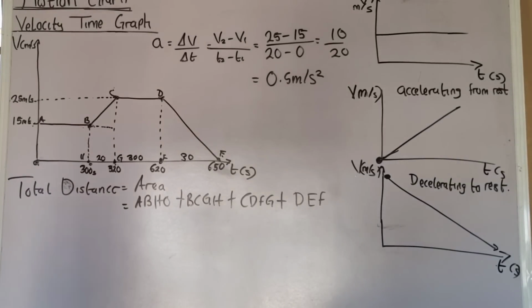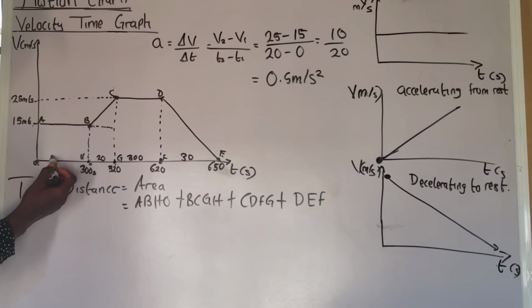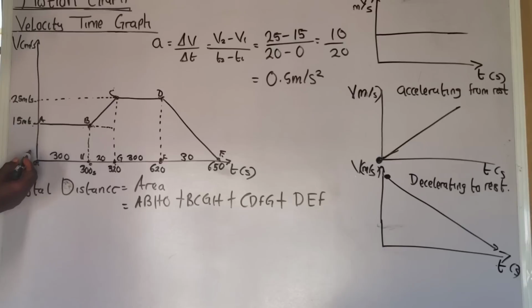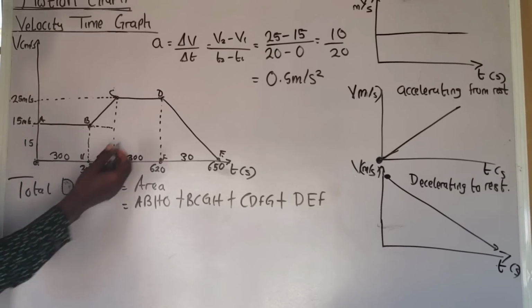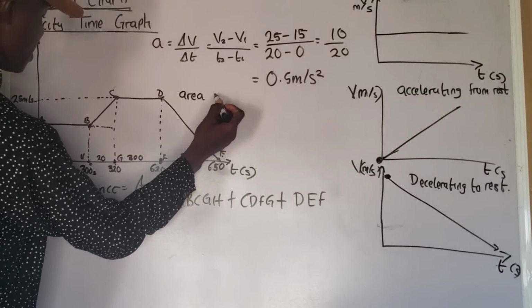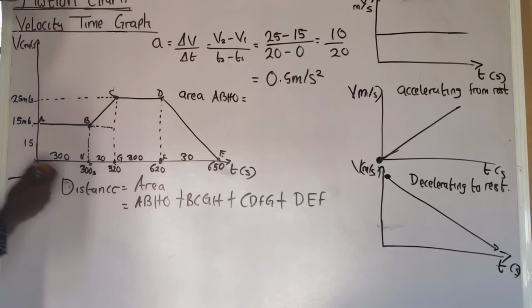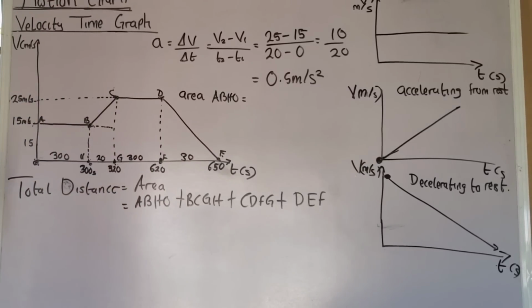Now we're going to start with the rectangle ABHO. The total distance from this point to this point is 300. And the total distance from this point to this point is 15. So, please pay attention, area of ABHO will be equal to area of a rectangle, which is length times breadth.